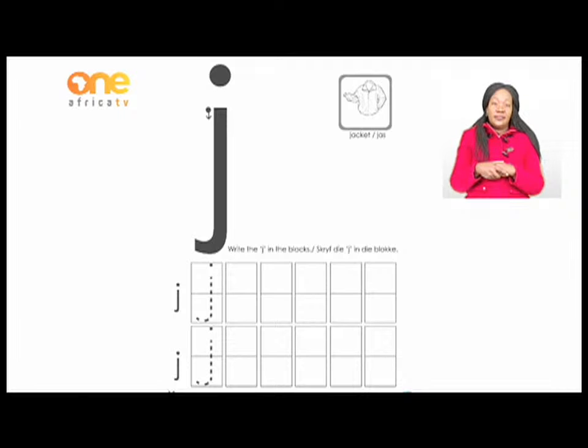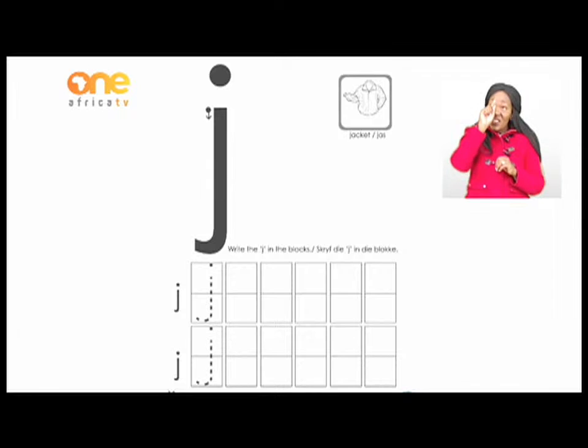Now let's write letter J, starting from the dot. The arrow shows us exactly what we are supposed to do. We start from where the dot is. We go down all the way as the arrow shows us in our booklet. Can you trace over that letter J?